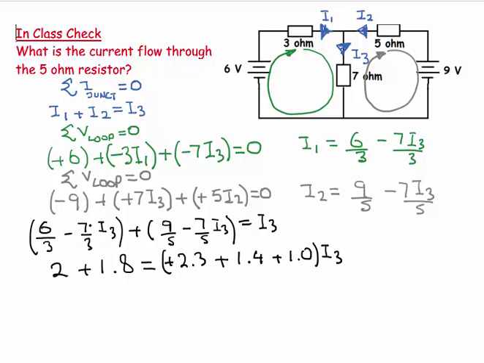So I took that 7 over 3 to the other side and got 2.3, it became positive. I took that 7 over 5 to the other side and got 1.4 and it became positive, and there was that 1 left behind. So we get 3.8 is equal to 4.7 I3.